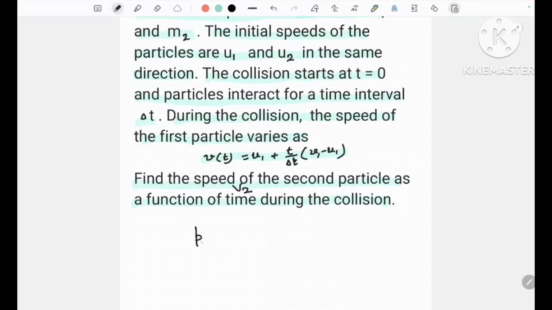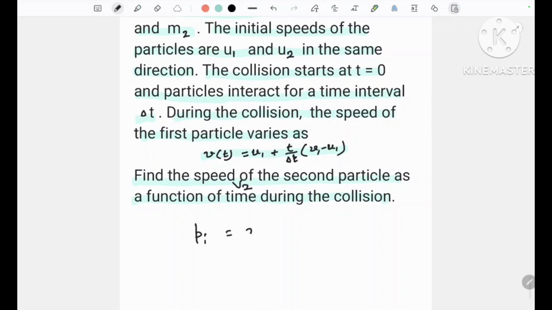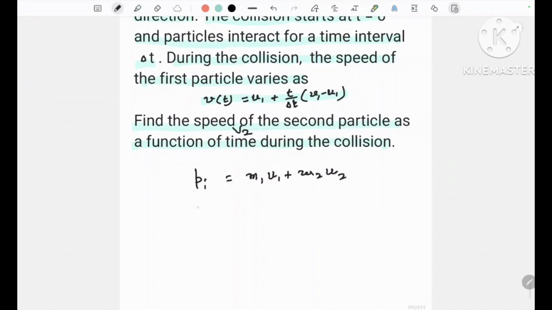Initial momentum is the combination of the momentum of both particles, that is m1 u1 plus m2 u2. Final momentum will be m1 vt plus m2 v2.